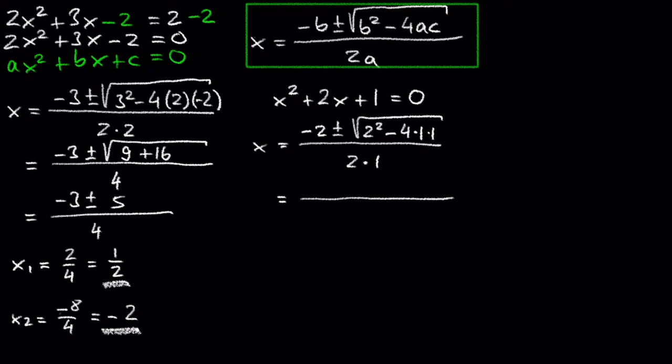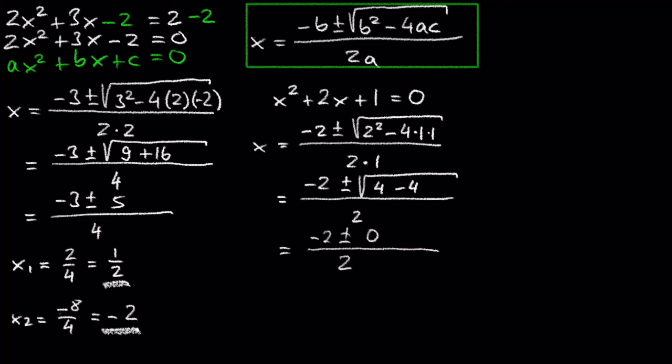So we have negative 2 plus minus the square root of 2 squared is 4. Negative 4 times 1 is negative 4, times 1 is negative 4. 2 times 1 is 2. Four minus 4 is 0, and the square root of 0 is 0.